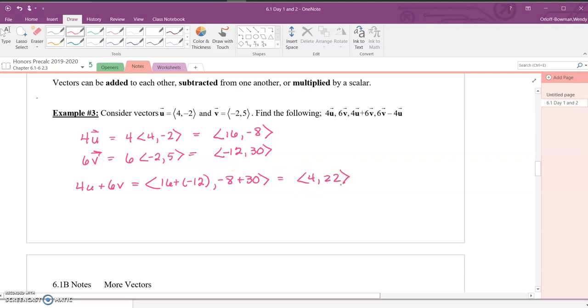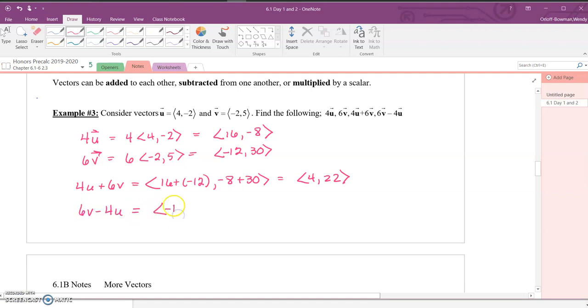Again, I'm going to encourage you to pause the video and try to find 6 vector v minus 4 vector u. Okay, so now I'm going to find that next vector.